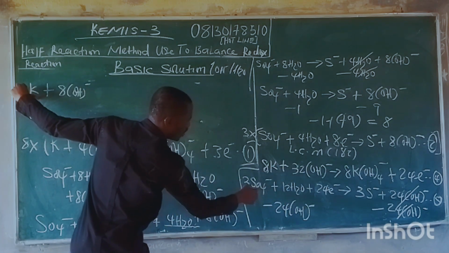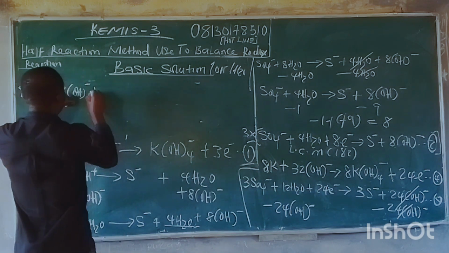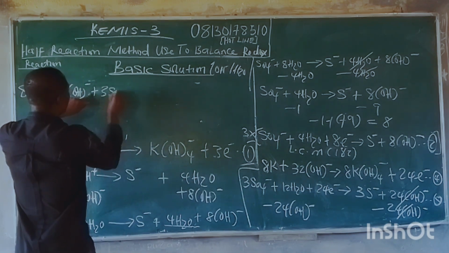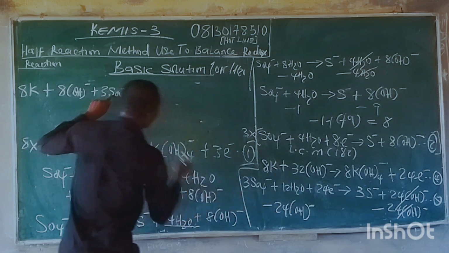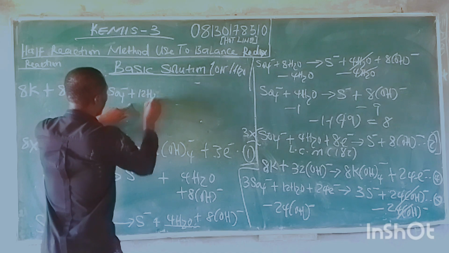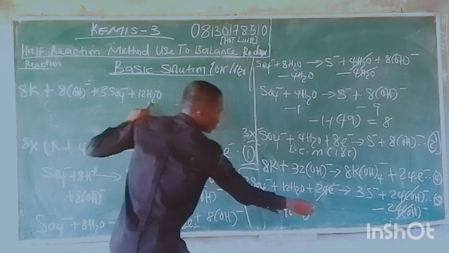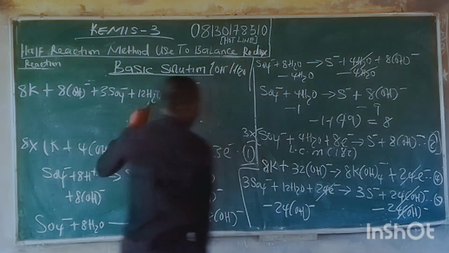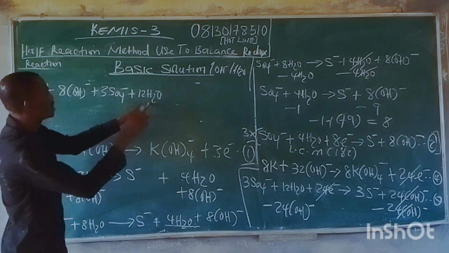Now the next thing is what do we have on this side? What we have on this side is plus 3SO4 minus, plus 12H2O. What do we have? Nothing, because electron will cancel out electron. 24 minus 24 is off.